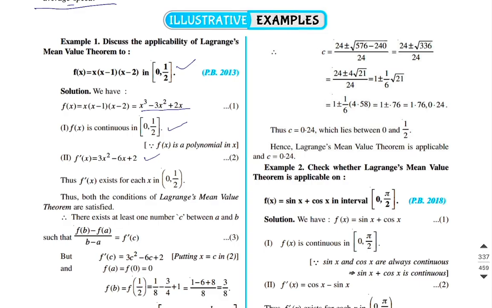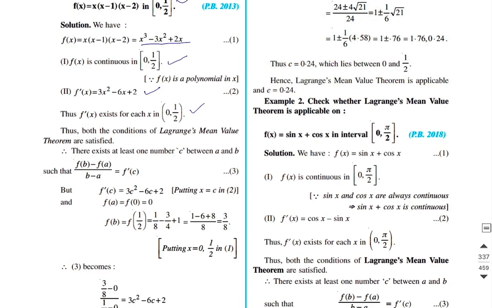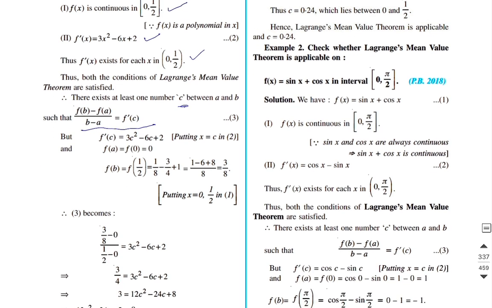The derivative is also again a polynomial, so the derivative exists at every point in the open interval 0 to a half, and there is no third condition. So both the conditions are satisfied, thus the Lagrange mean value theorem is applicable. So there exists some point C such that these slopes are the same, and from here you can find the value of C.